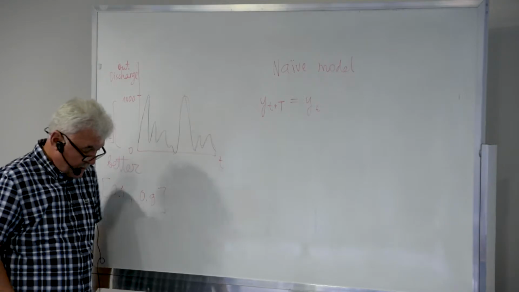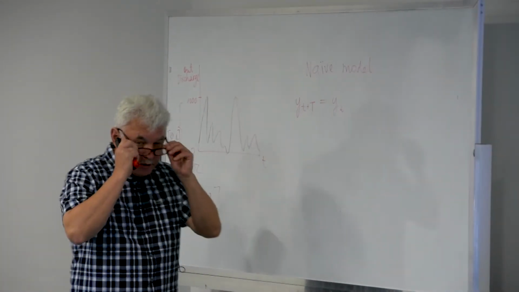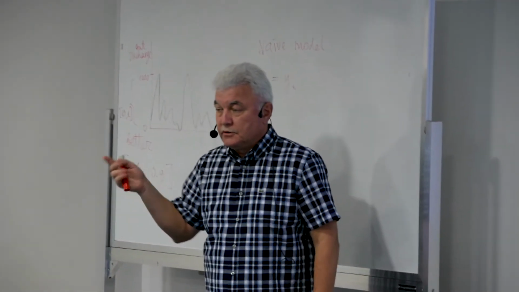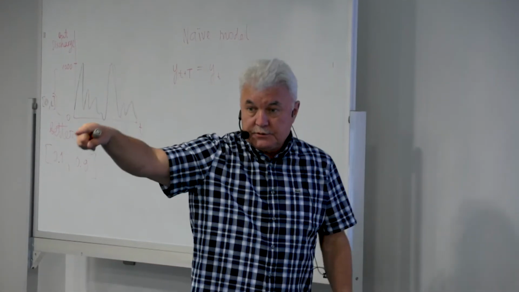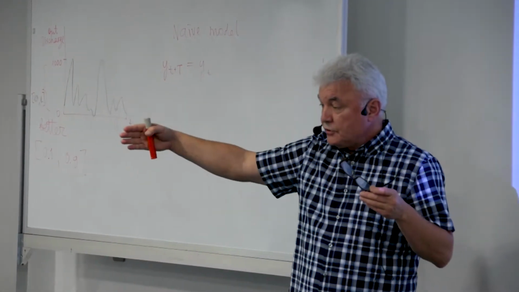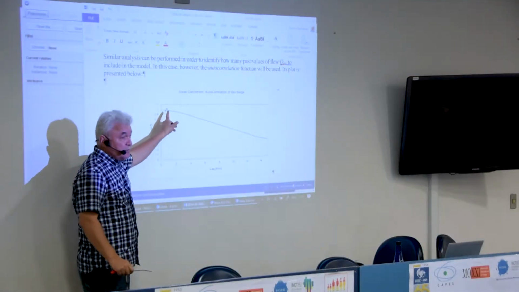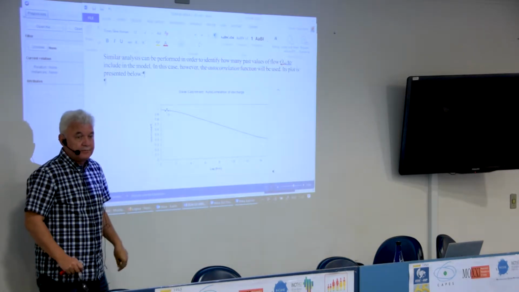But how do we assess the performance of a naive model? We use root mean squared error, or mean absolute error. So it's a mean error, right? We look at the time series, and we average these errors across the whole time series. Same for the correlation coefficient, by the way, because it's averaging across the whole time series.